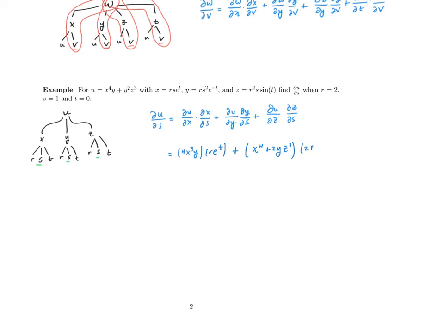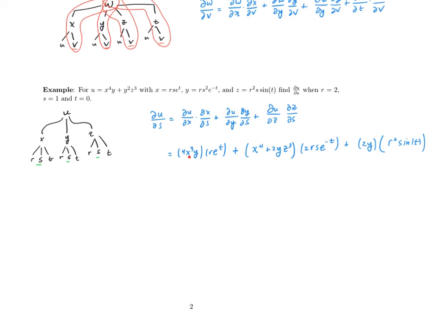That would be 2rs e to the minus t. Plus the partial of u with respect to z, which is simply 2y, times the partial of z with respect to s, r squared sine of t.